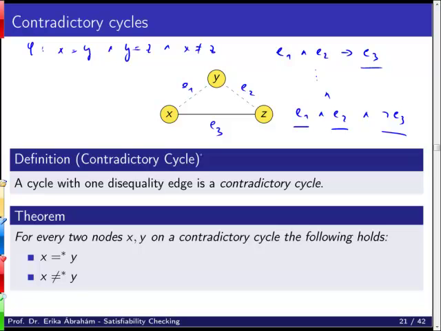And what is the even bigger problem? If I have n variables and I build graphs, how many cycles can it have? Especially inequality or contradictory cycles?